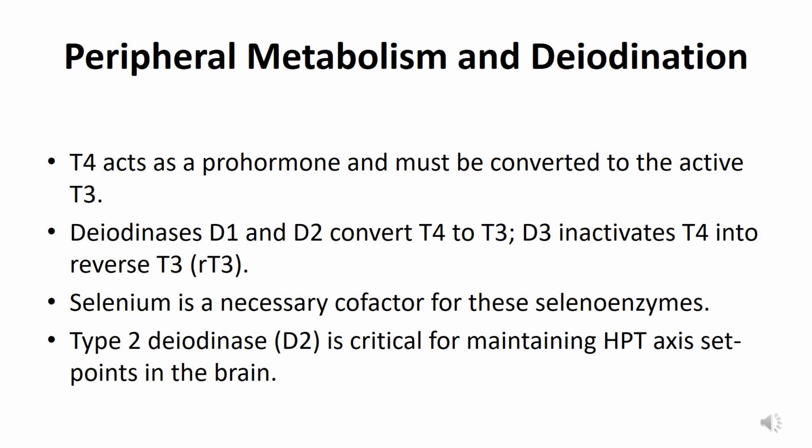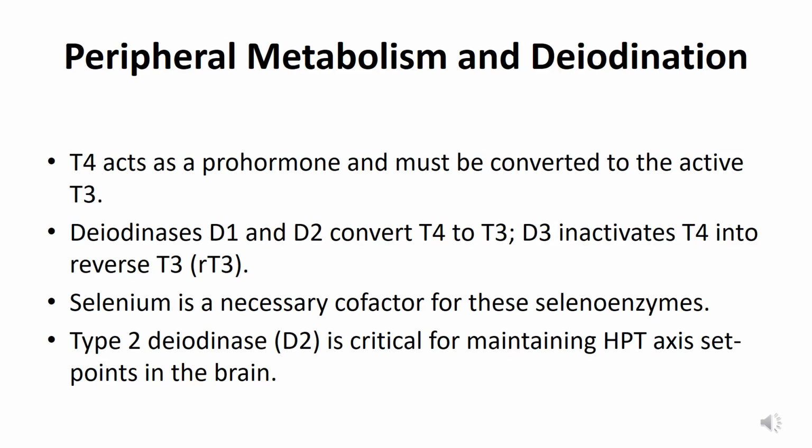D3 can also convert T3 into inactive metabolites, reducing thyroid hormone activity within tissues. This becomes especially important during illness, fasting, or severe physiologic stress, when the body may intentionally reduce active thyroid hormone signaling. Another important detail is that all deiodinases are selenoenzymes.